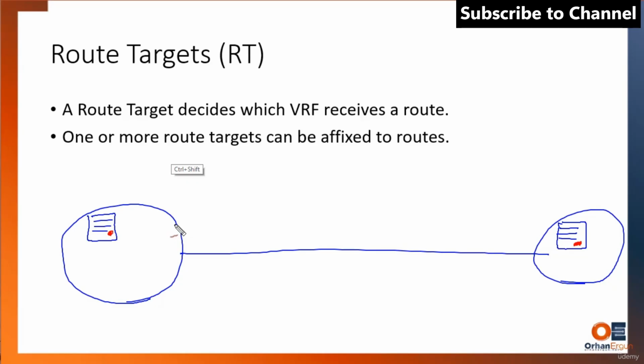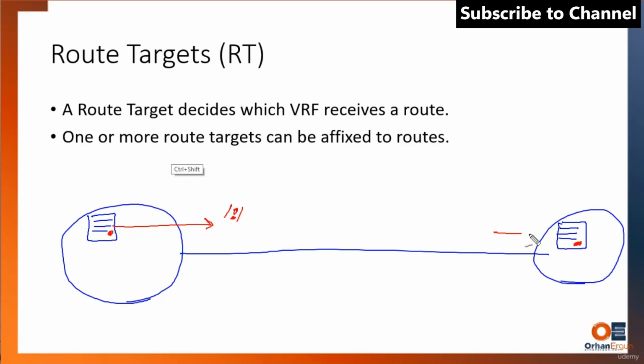So what should I do? I say when I am sending this to the other side, I am exporting this with a specific value like 1:1.